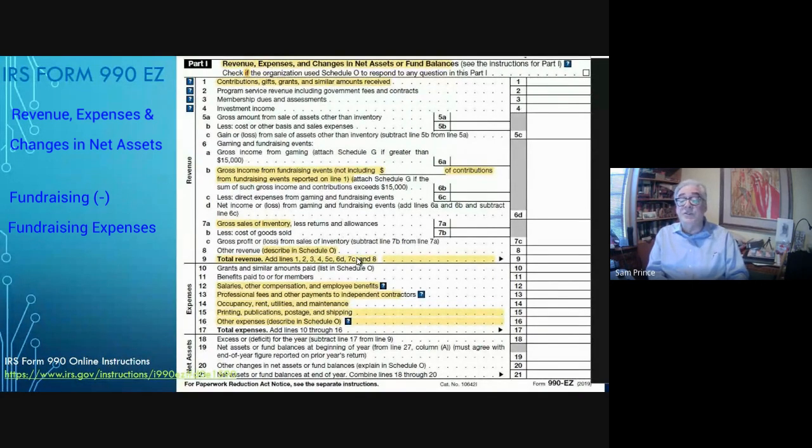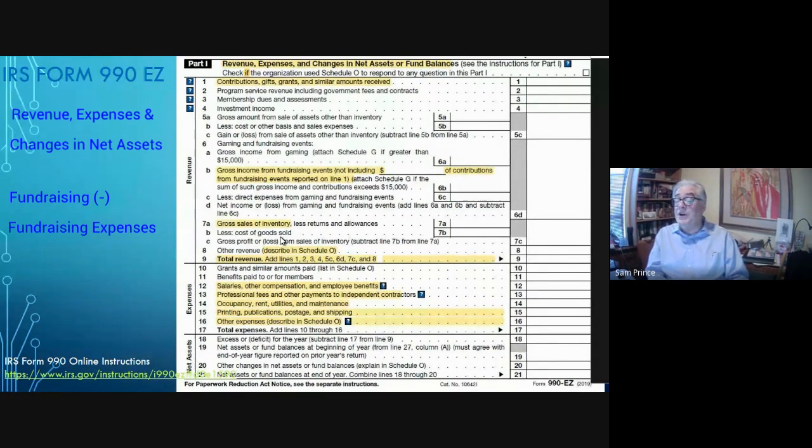Gross sales of inventory, if you have things that you're selling, let's say you're selling t-shirts, or you're selling food, or you're selling items of furniture or clothing or tools or toys or anything, that's where you would list that. 7B is less cost of goods sold.